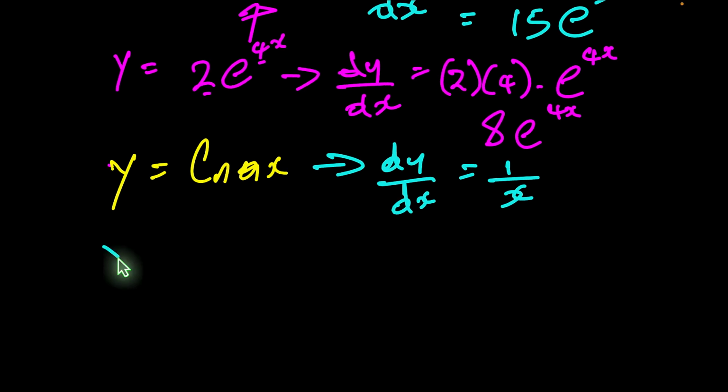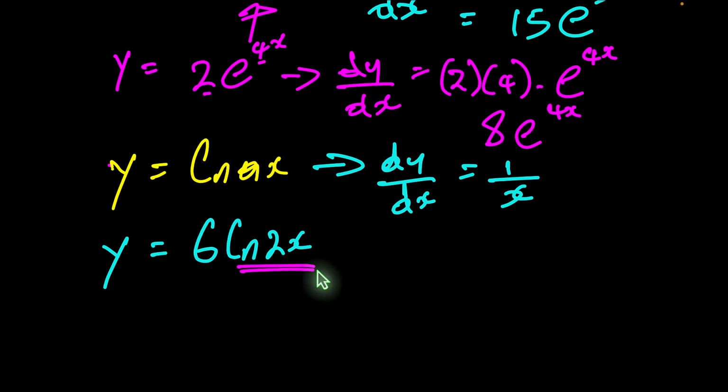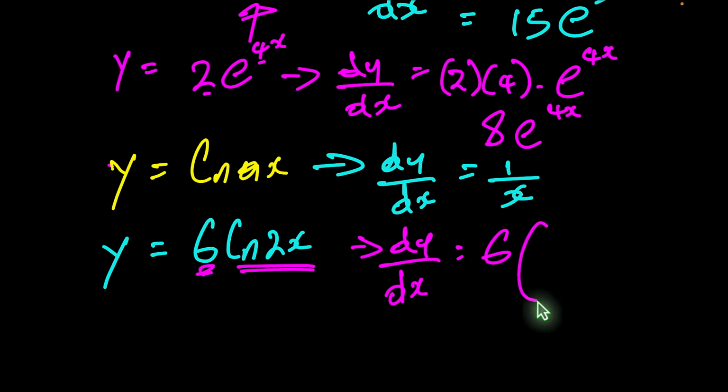So say we have here y is equal to, I'm just going to start with a relatively simple one. So that's the function that we have here to differentiate. Now this bit here just by itself is just simply 1 over x. So what that will look like when we differentiate it is dy dx is equal to 6 times 1 over x, like that.